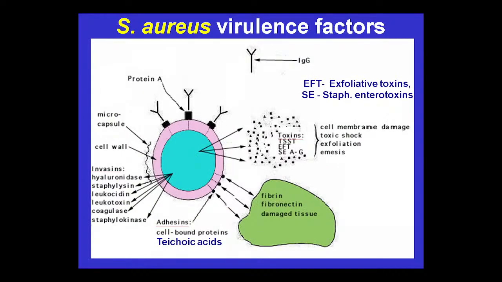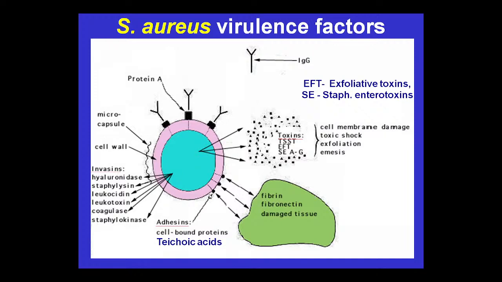If you take a look at the simplified scheme of the staphylococcal cell, you can see that on the surface of the cell, we may see some factors that may help staphylococci at different stages to cause diseases.